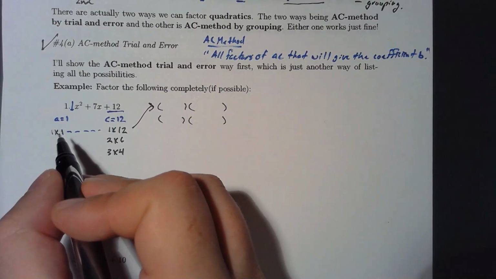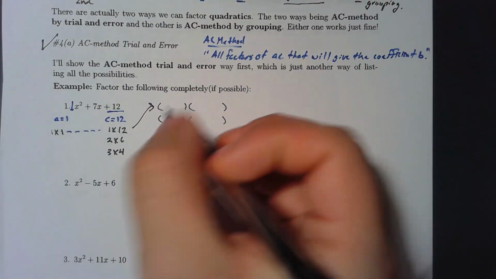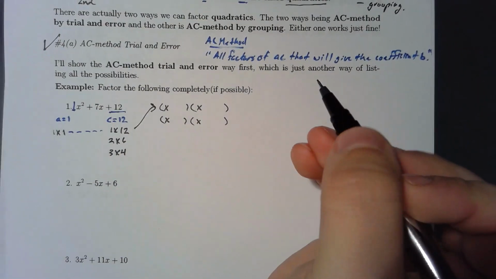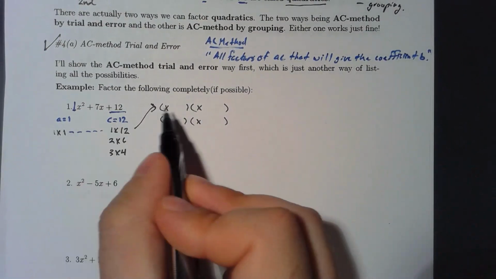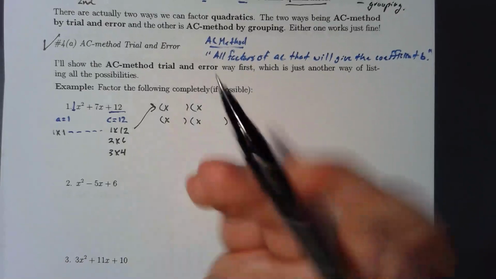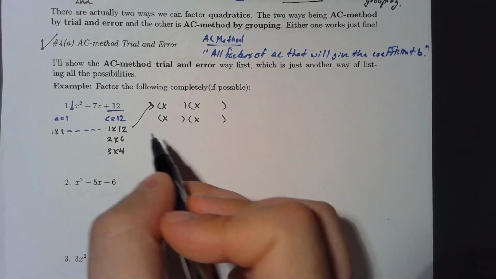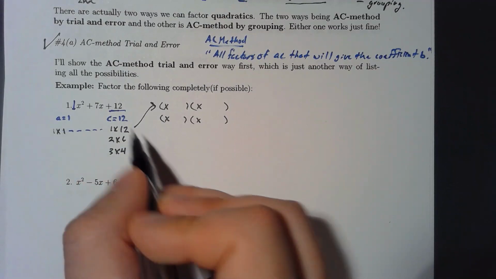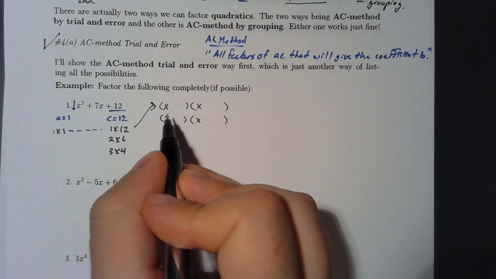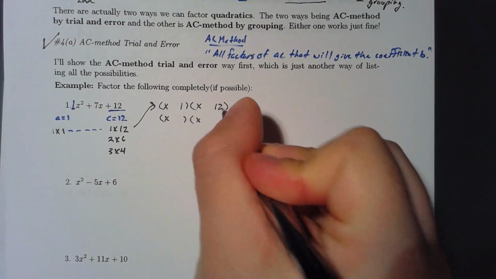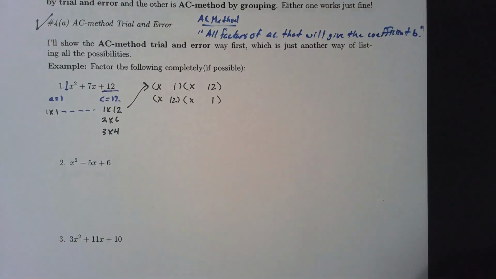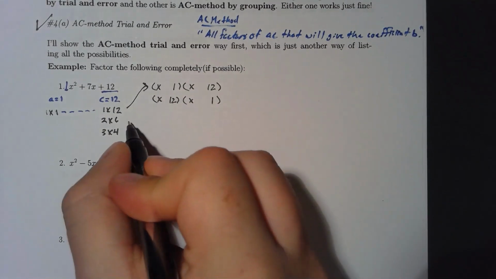So since this is the leading coefficient for X, it's going to be X and X in both possibilities. Because the leading coefficient here is 1, so it's going to be 1 times 1. That's fine. Now, I'm just looking at this first pair here. So this is going to be 1 and 12, or 12 and 1. That doesn't matter.